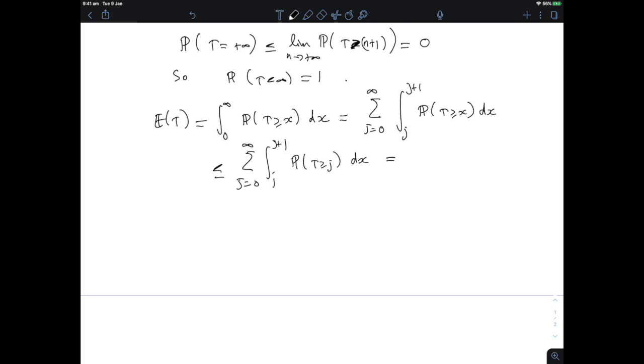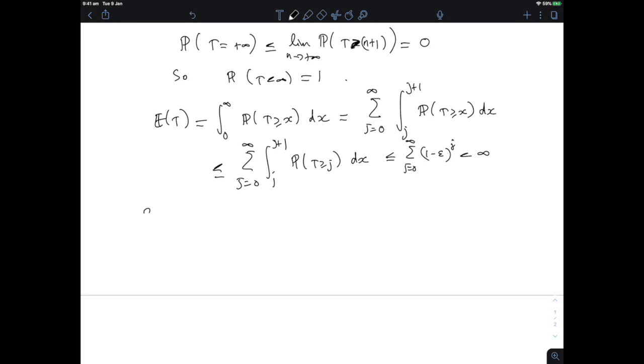And because of what we've proven before, this is certainly smaller than the sum from j equals 0 to infinity of (1 minus epsilon) raised to the power j. And that sum is finite because it's a geometric series, and 1 minus epsilon is a number strictly between 0 and 1. Okay, so that proves part 1.